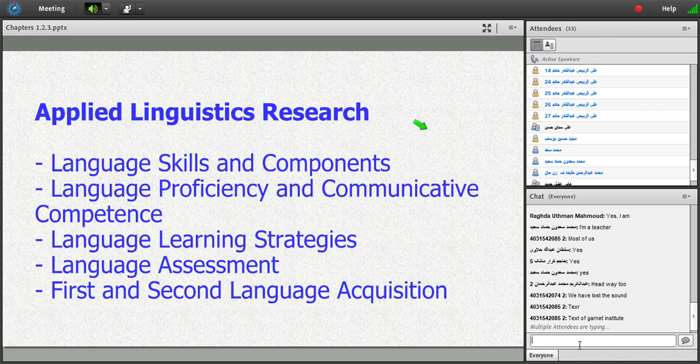Texta, Garnet. And now, you teach a novel.